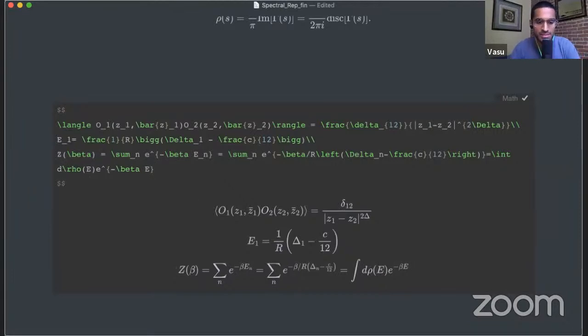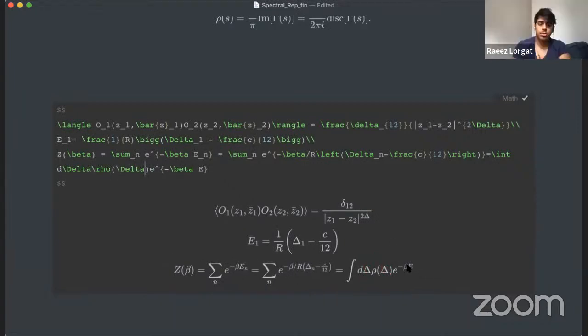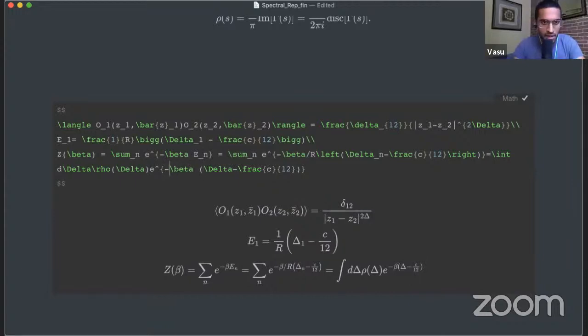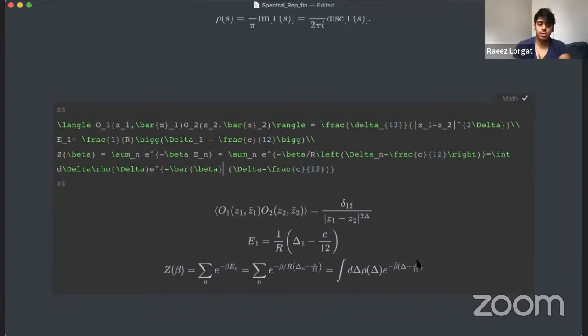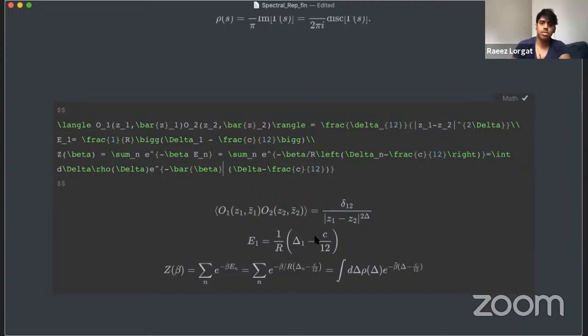But notice that because these are simply related, you now have a bar beta, because it's basically beta over R. All sort of dimensionless quantities. But the spectral density is now a density in the space of conformal weights. It's dictating what the weights are going to be like.